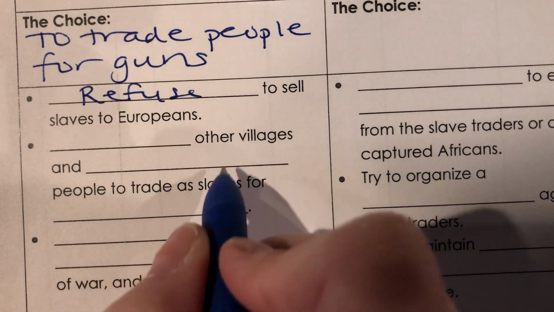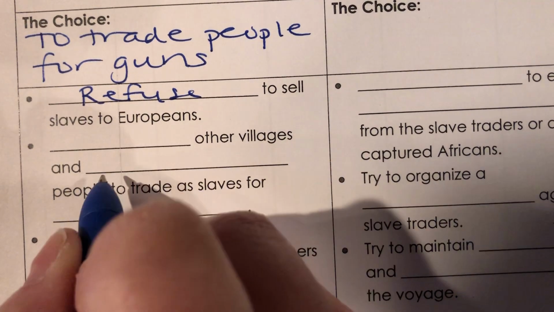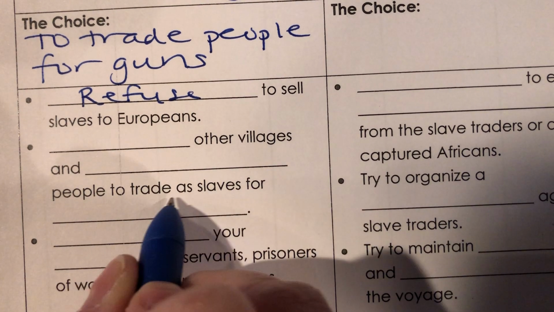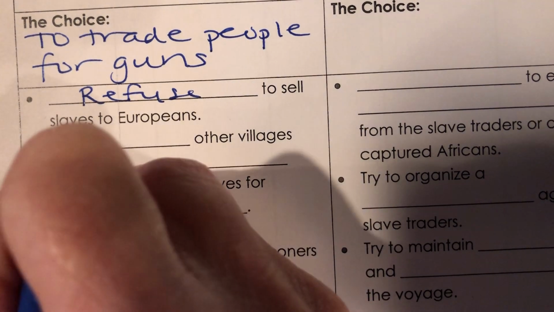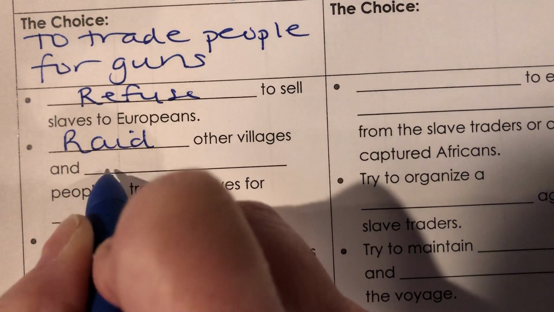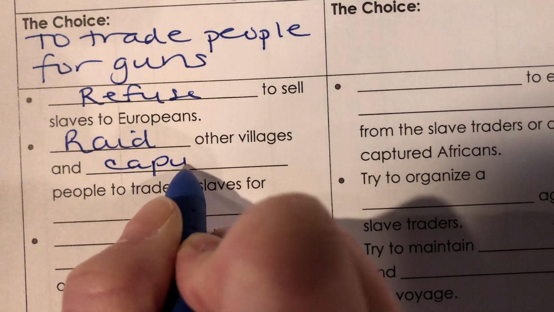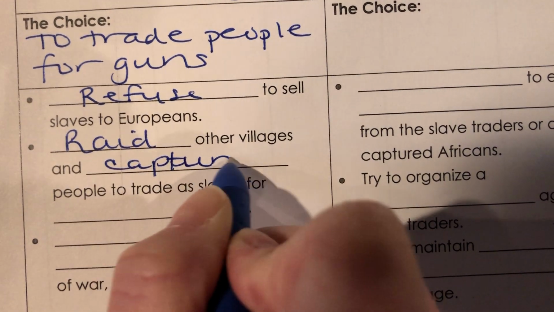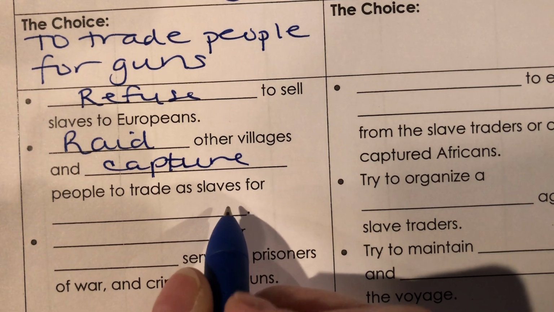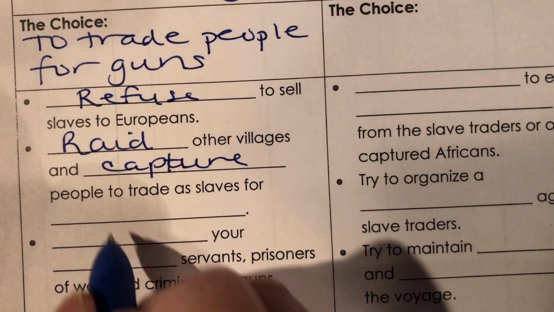The second choice was they could raid other villages and capture people to trade as slaves for guns.